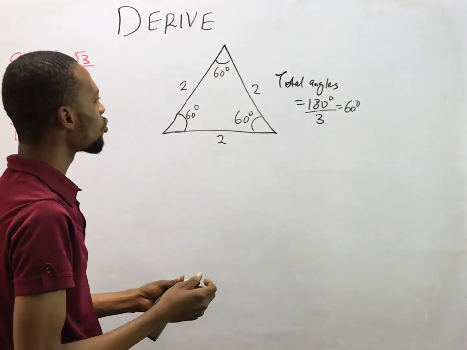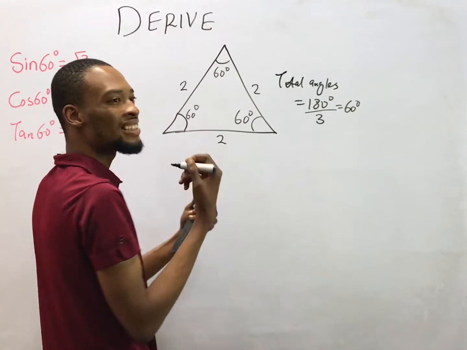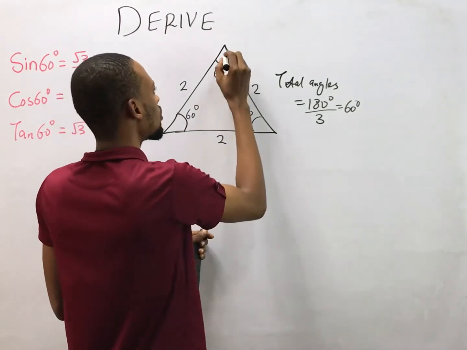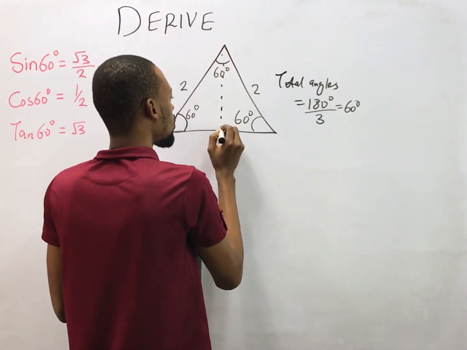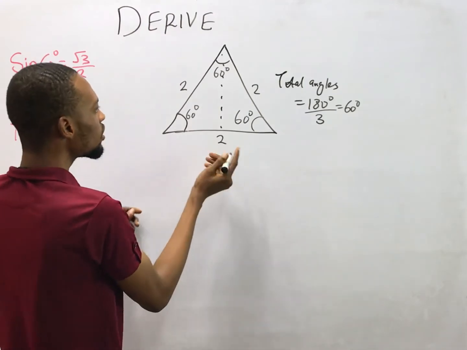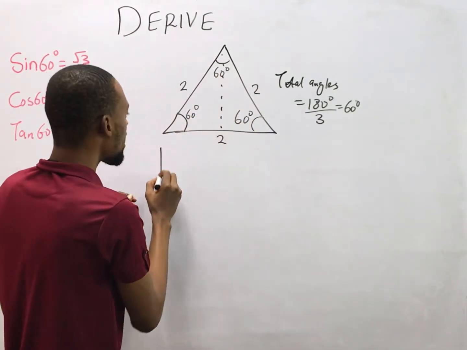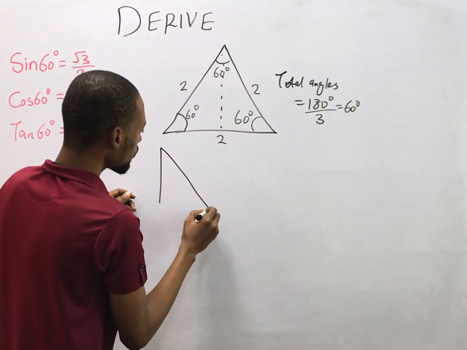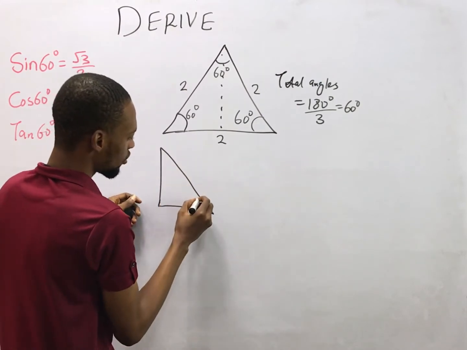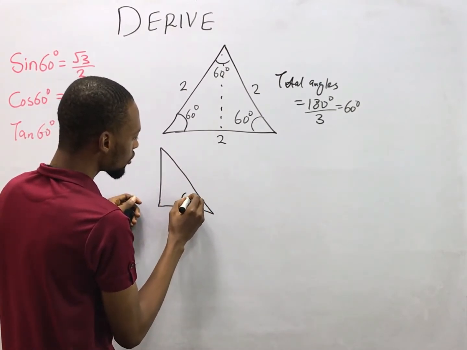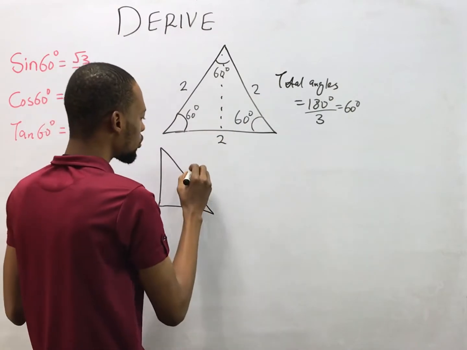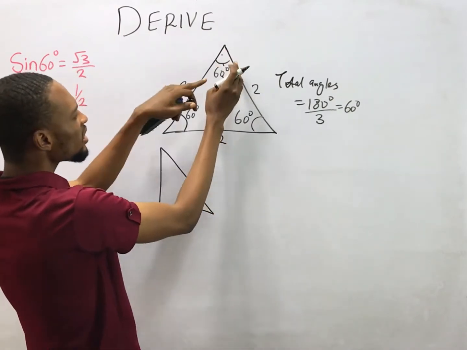Having known that, we can split this triangle to form a right-angled triangle. So if we split in here, we have a right triangle. Taking this part, we have here to be 60 degrees, and here is 2. Now the angle here is 60 degrees.